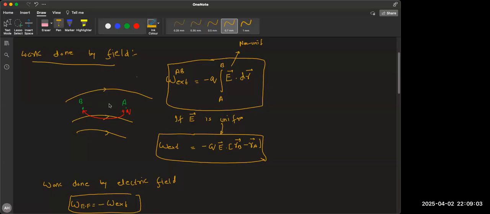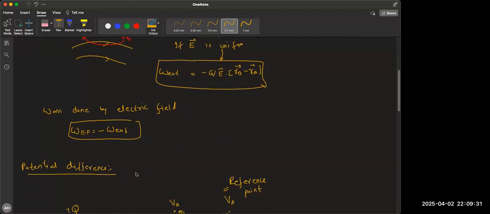Okay. So we have up to 6th. We have to finish this potential, capacitance, and then modern physics. Let's do it fast.